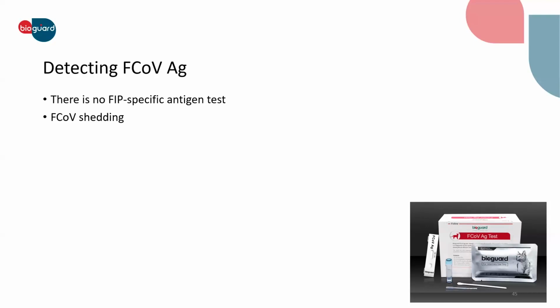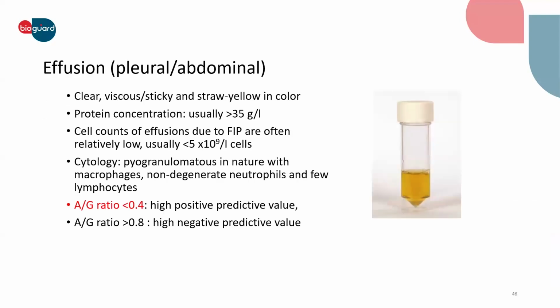Of course, it's still useful because in a multi-cat household, if they want to introduce a new cat, they can make sure the new cat is not shedding the FCoV virus before introducing it into the household.